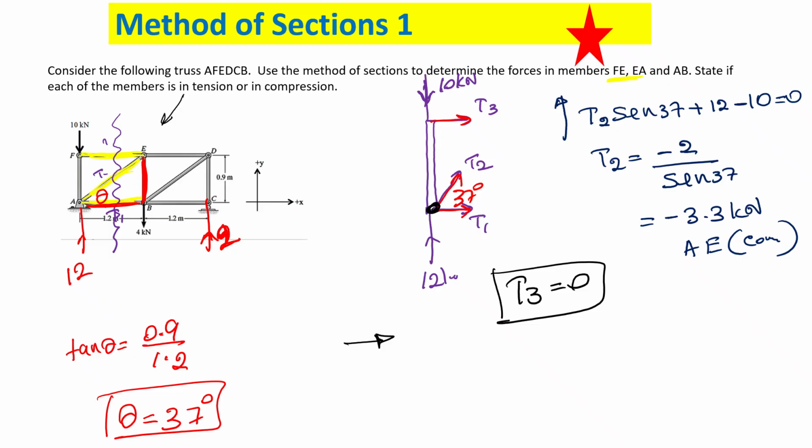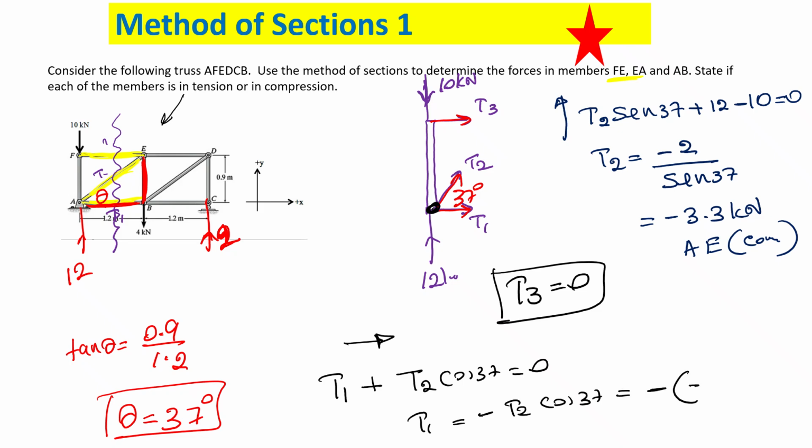Now you can consider all the forces in the x direction. So what are the forces in the x direction now? T1 plus T3, which is 0. Okay, what else? Is equal to 0. So T1 is negative T2 cos 37. So it is negative 36.5 cos 37, a positive value.